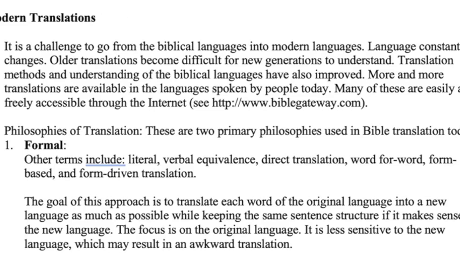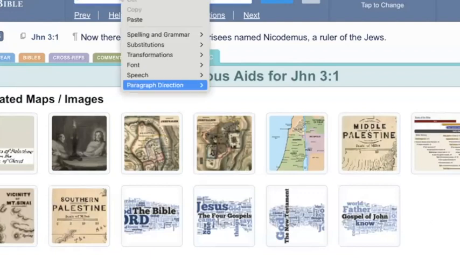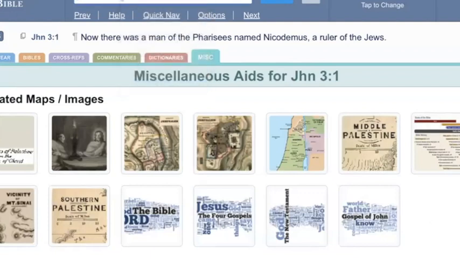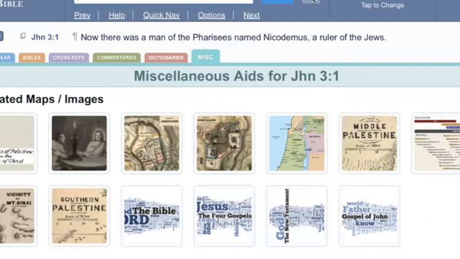Let me bring up the King James Version. You might be a little familiar with it. When I was a boy, we had the King James Version. So I learned John 3:16. John 3:16. I learned that in the King James Version.